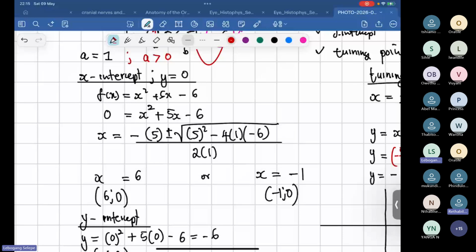Ma'am, isn't the 6 supposed to take the negative sign? I don't know who calculated this, but they said it's 6 and -1. Let me just... Because when I punch I get a 1 and a -6. Really? Yes, ma'am. Can you all please punch and check?